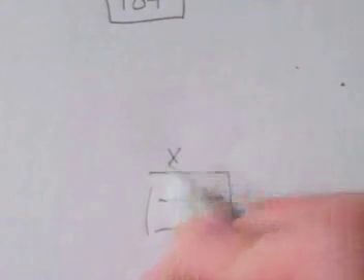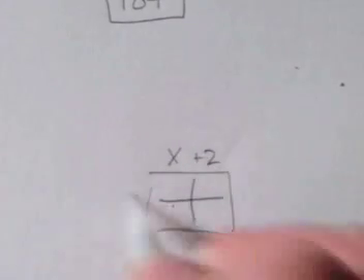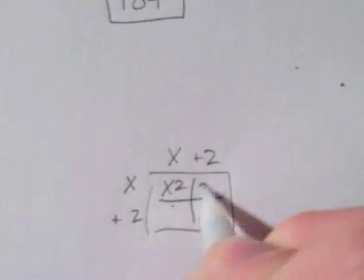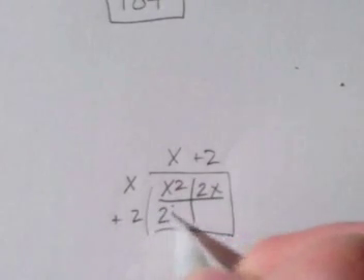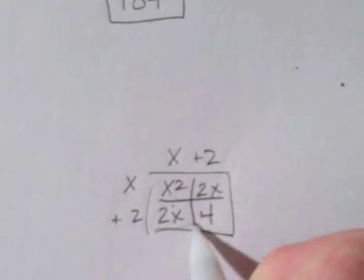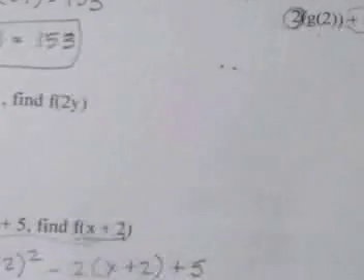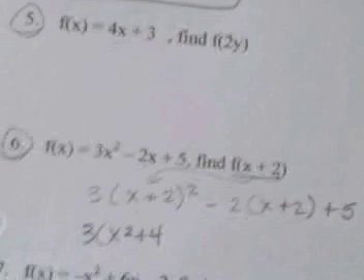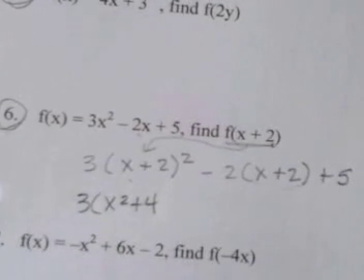So I'm going to go off in the scratch part of my paper, and I'm going to multiply this using the box. x plus 2 times x plus 2 becomes x squared plus 4x plus 4. And that's what goes right in here.